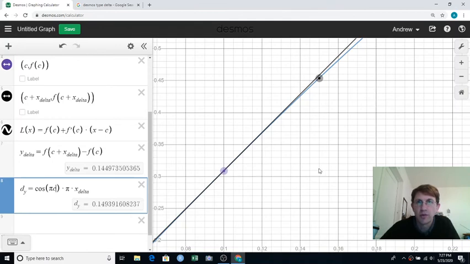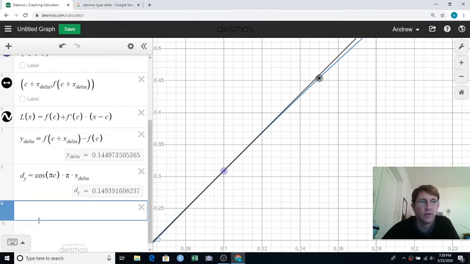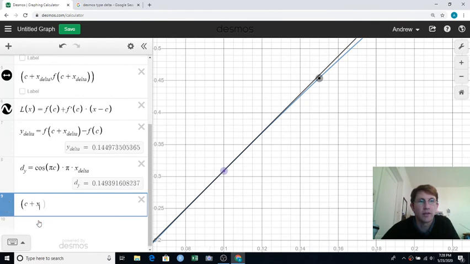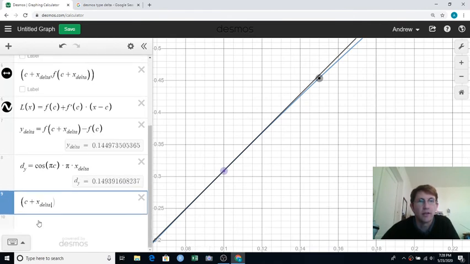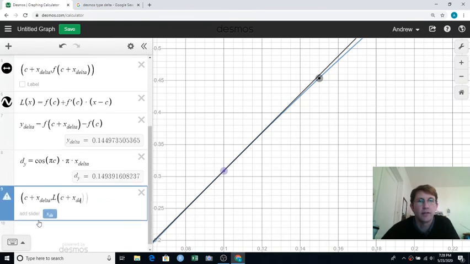So remember, both of those are the distance from this y value here to either this dot or that point on the line there. We'll do c plus x delta comma L of c plus x delta. We're not concerned about the difference between those, although we want that difference to be small.